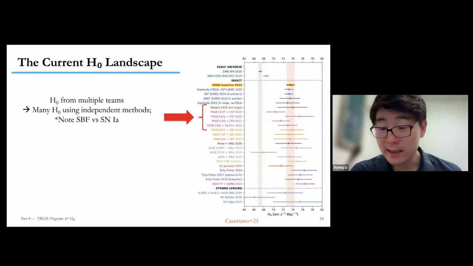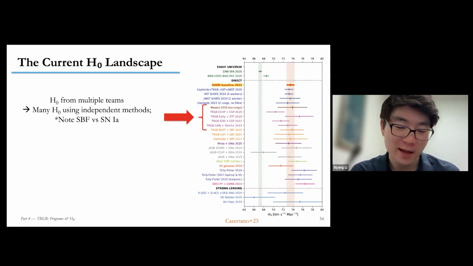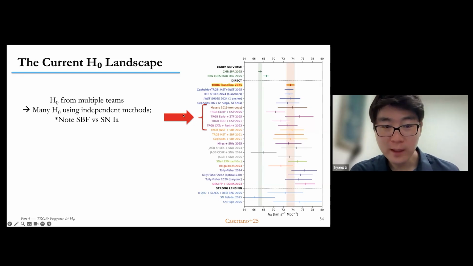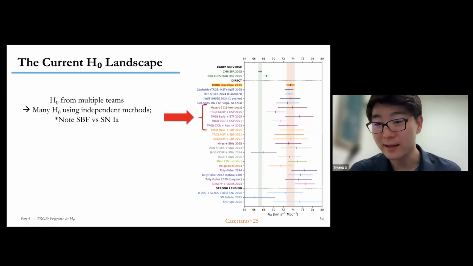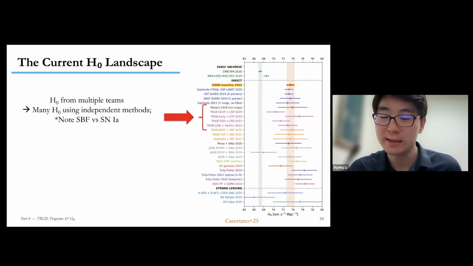So we start wrapping things up for the TRGB side. Again, there are many different measurements of the Hubble constant using TRGB. Here on the right is a compilation plot of H naught values from the distance network paper from Stefano Casertano's paper, 2025. Many of these measurements are from different teams, and even different candles, type 1a supernovae versus surface brightness fluctuations.